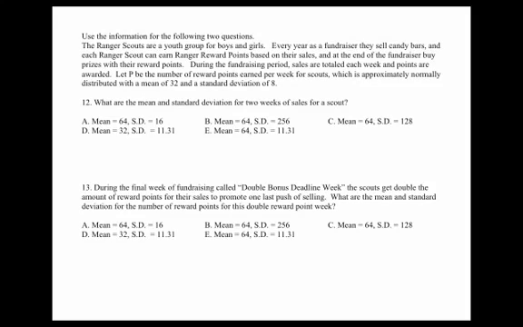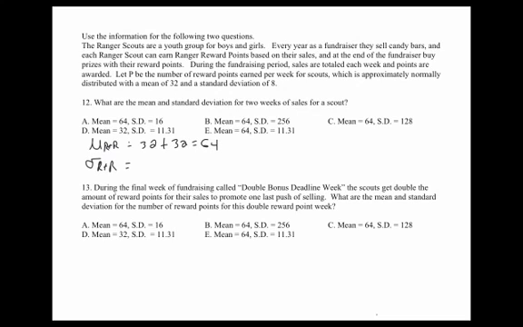12, what are the mean and standard deviation for 2 weeks of sales for a scout? So we have 2 separate weeks that we are adding together, and I want the combined mean. So I really want the mean of R plus R and the standard deviation of R plus R. Well, the mean of R plus R will be 32 plus 32, which is 64.